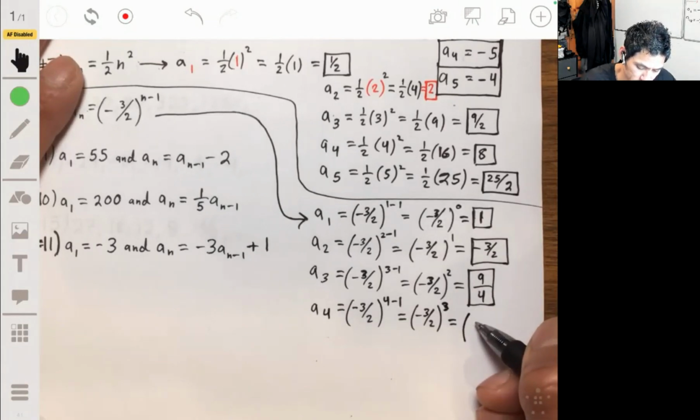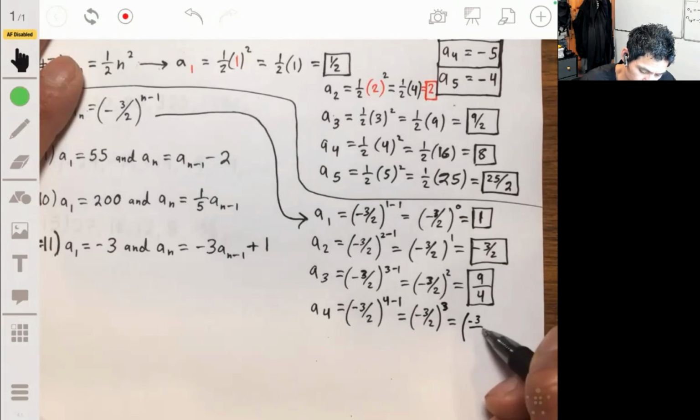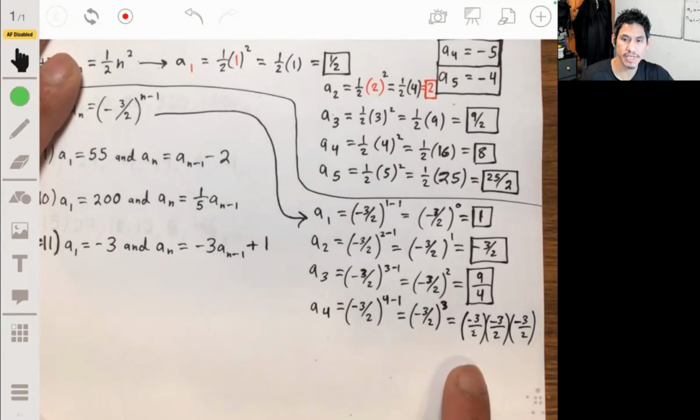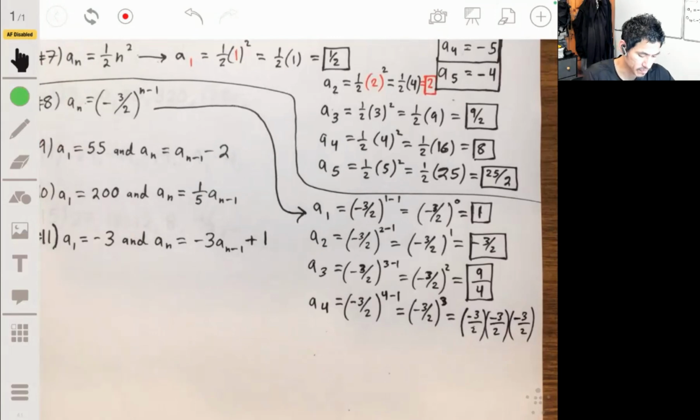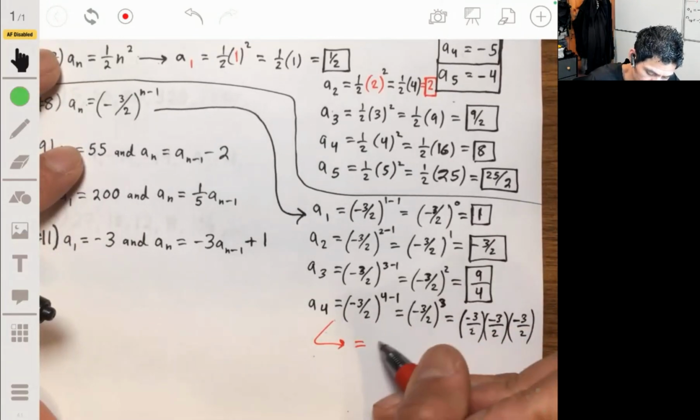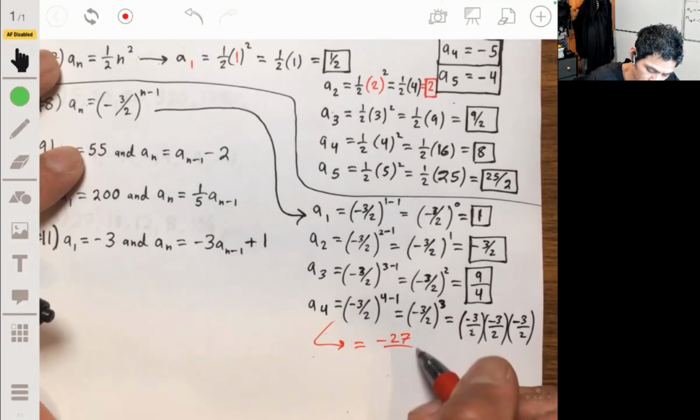Let me write it out in case you need a review of exponents. You're multiplying the -3 by itself 3 times. So on top we get -27, and on the bottom we get 8.